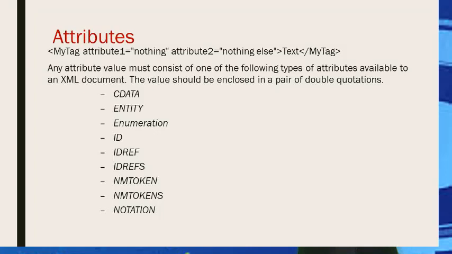There are some attributes which will take a list of values. Say for example, there may be an element mark with an attribute grade. The grade can have A or B or C or D. So this is an example where an attribute takes a list of values. Sometimes the attribute may take one of the IDs of a particular element.